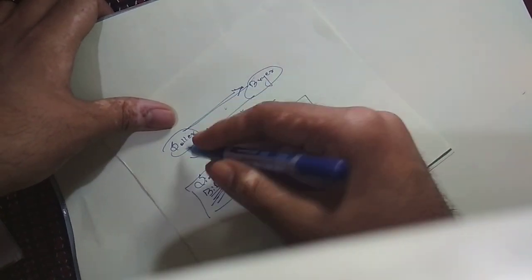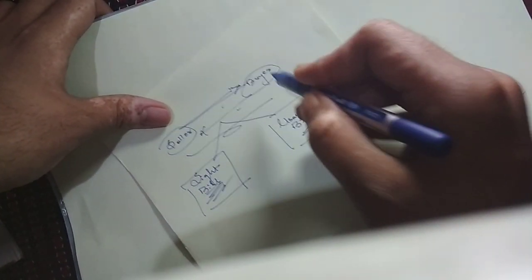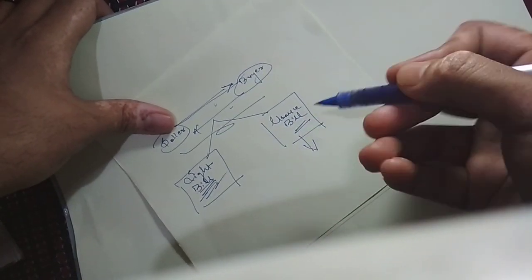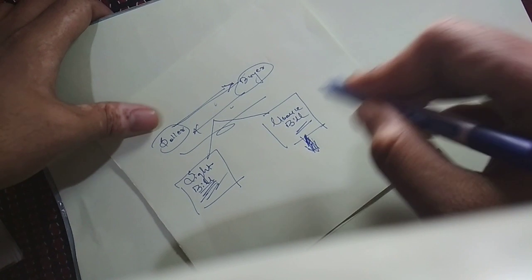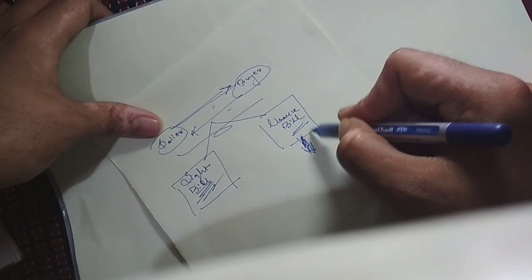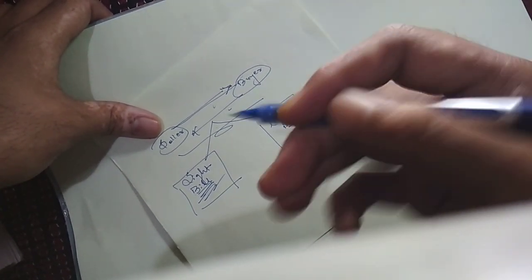So let's say the seller gives the goods to the buyer and produces a usance bill. In the usance bill, he writes that you are ordered to pay this much amount of rupees at this particular date. So this is the scenario.